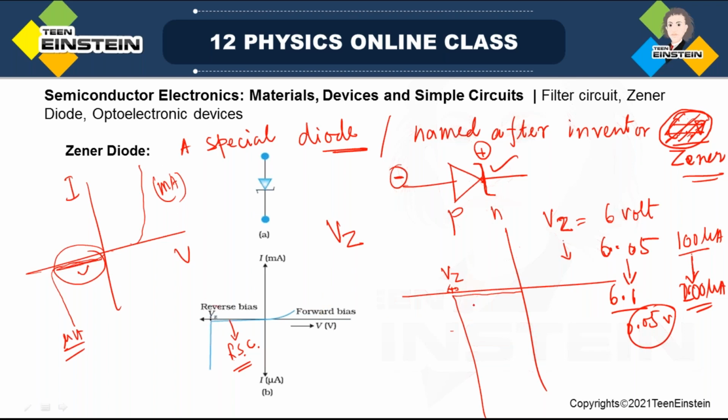See, what is the difference? In the normal case, the reverse bias current goes like this, and there is a change like this. You look, this is a continuous change in case of a normal diode. If you increase the voltage even after breakdown, then slowly the current increases rapidly.